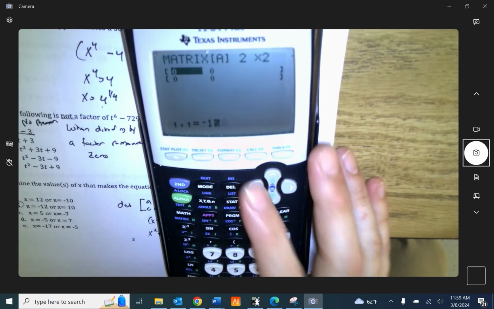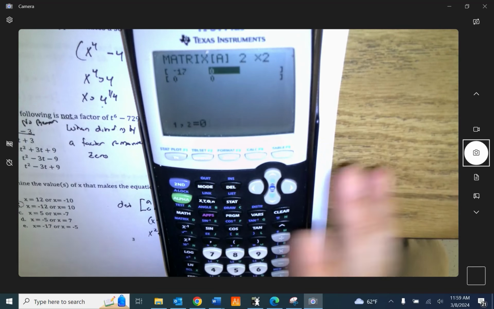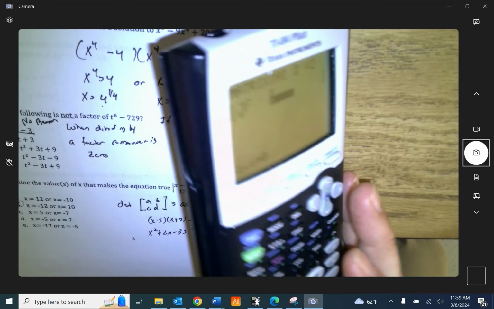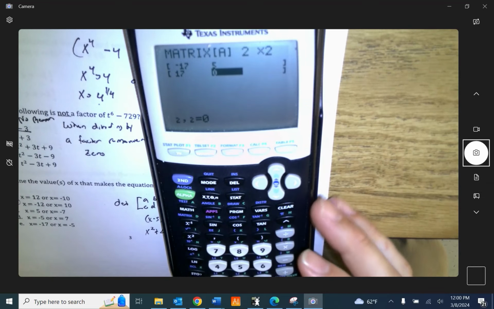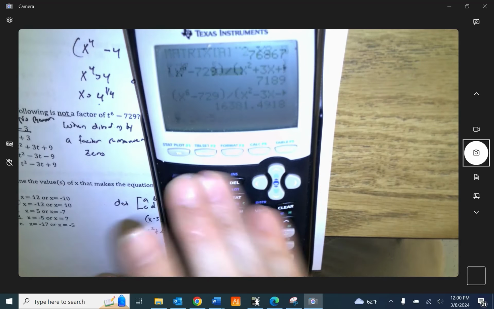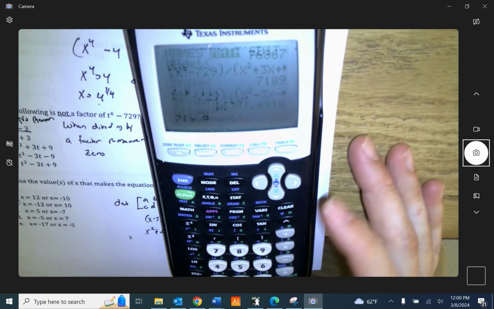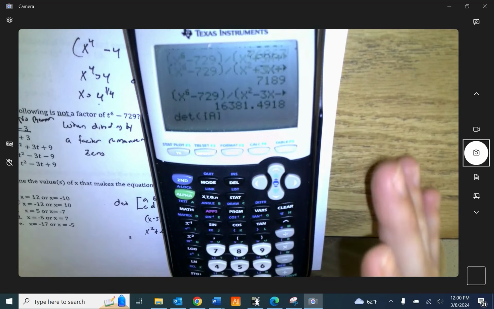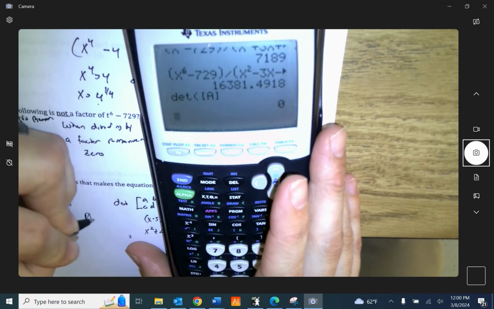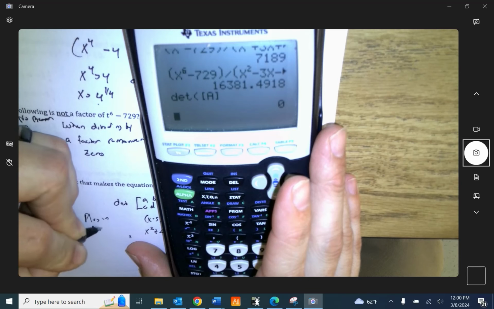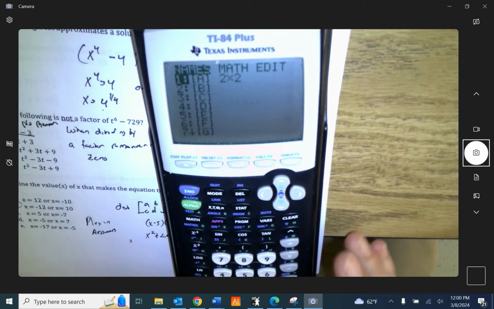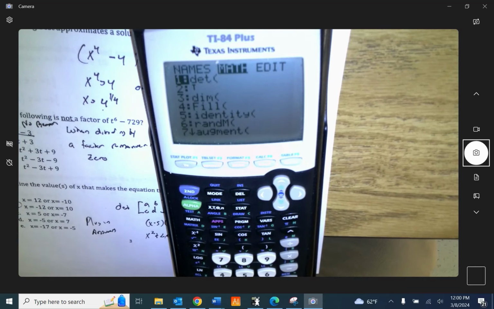All right, I'm doing negative 12 minus 5, right? 5, 17, and then negative 12 plus 7. Don't want to confuse you. Quit out, second matrix math, DET, second matrix A, 0. You can plug in answers. You can literally plug in answers because your calculator has a DET button. That was second matrix math, determinant.